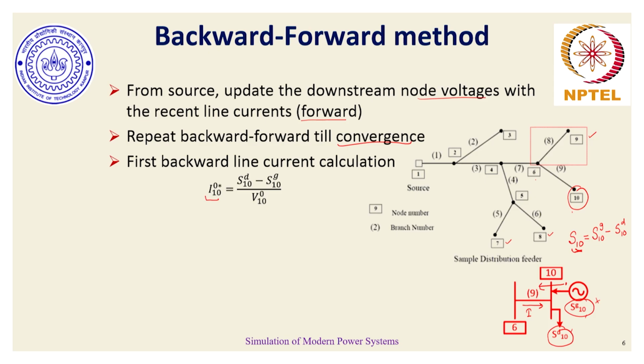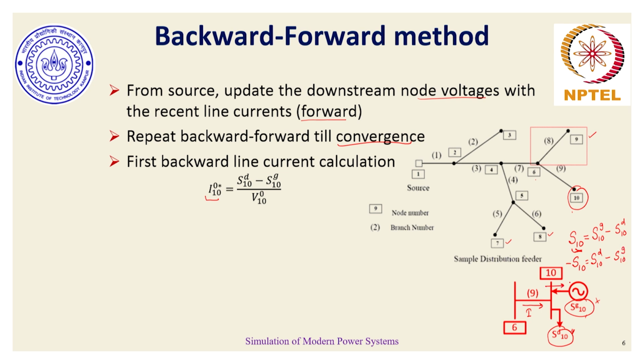So rather than going by the usual convention of injection, since bus number 10 usually is a load bus, we'll make our load the primary concern and generation the secondary concern. In that case, the injection would change from S10 to minus S10.